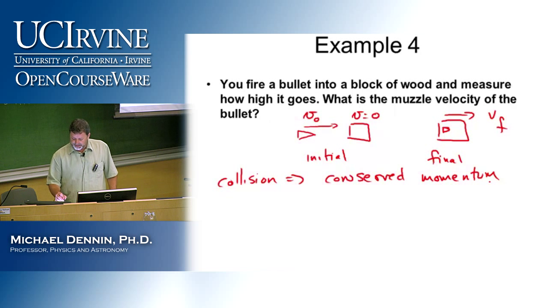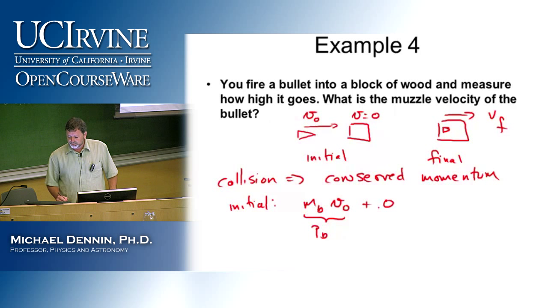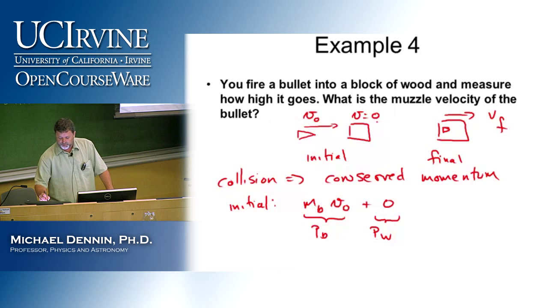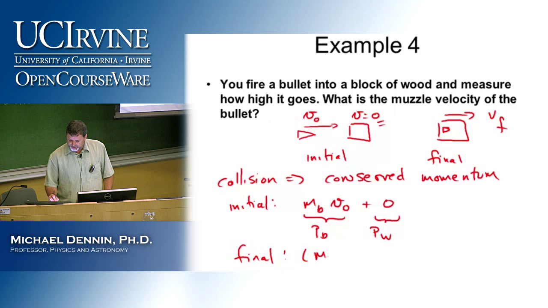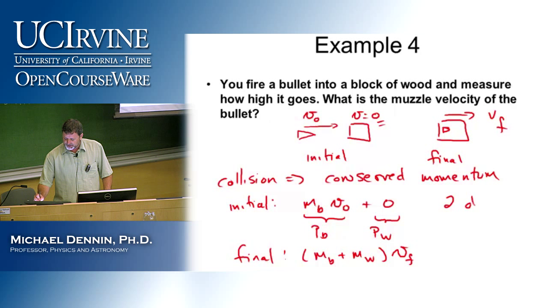So when we looked at the initial momentum, we had the mass of the bullet times v0, that's the momentum of the bullet, plus 0, that was the momentum of the block of wood because it was not moving. And our final momentum, it was a single object, so it had a combined mass of the two times velocity final. So we went from 2 objects to 1 object.